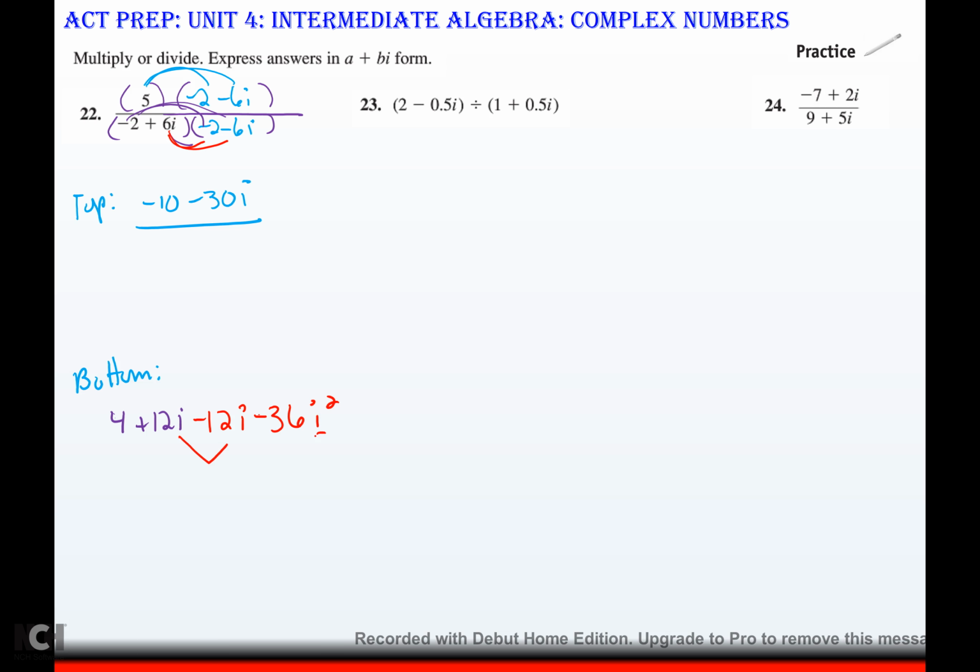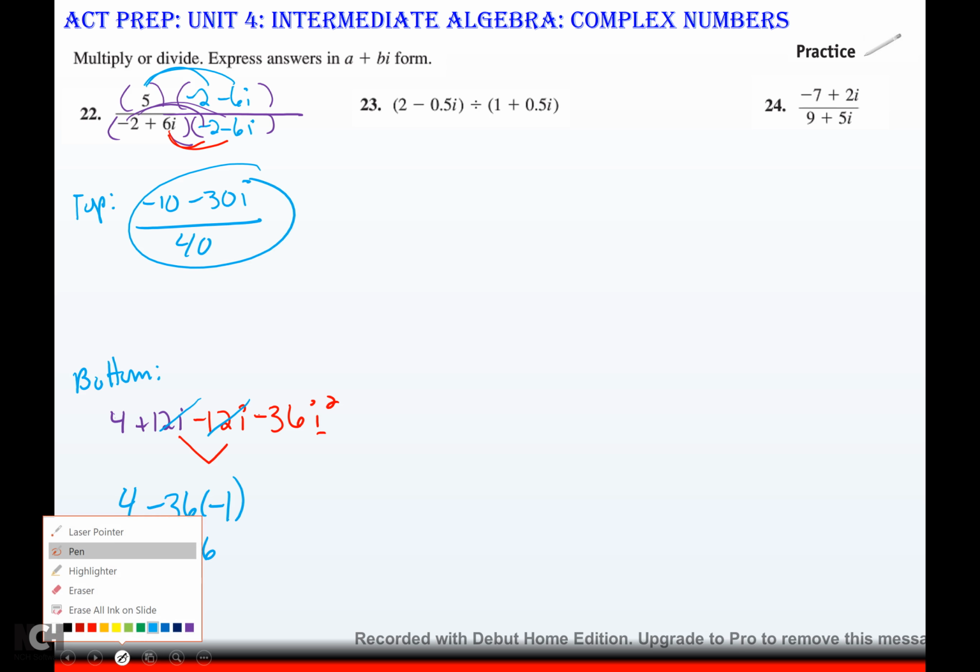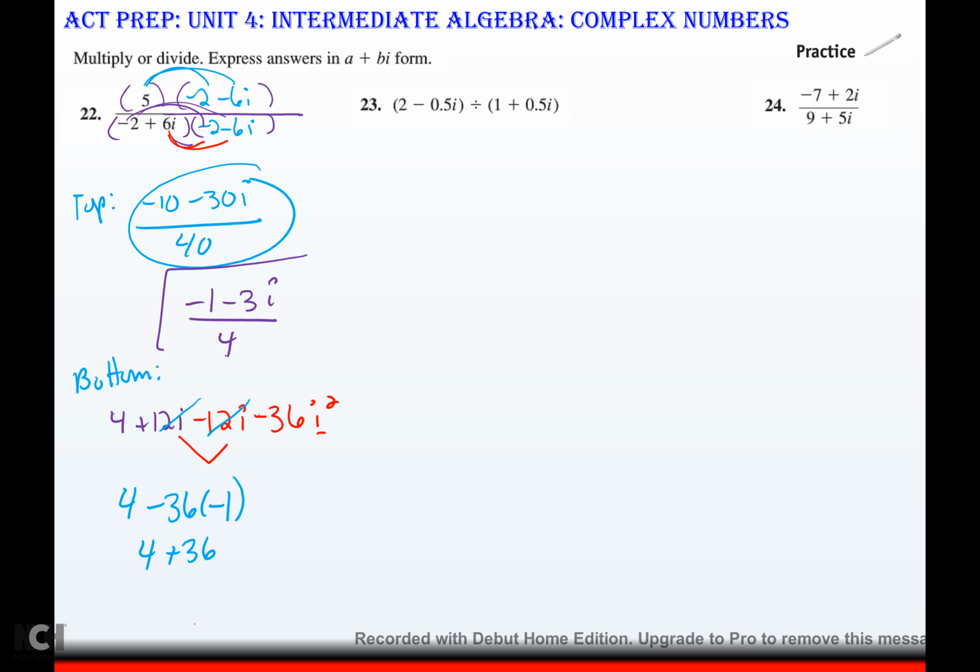Combine i's, replace i squared, and I'm going to get 4, oh those cancel because they're conjugates, minus 36 times negative 1, which gives me 4 plus 36, which gives me 40 on the bottom. And I'm done, except I can reduce everything by 10, so I'd have negative 1 minus 3i all over 4.